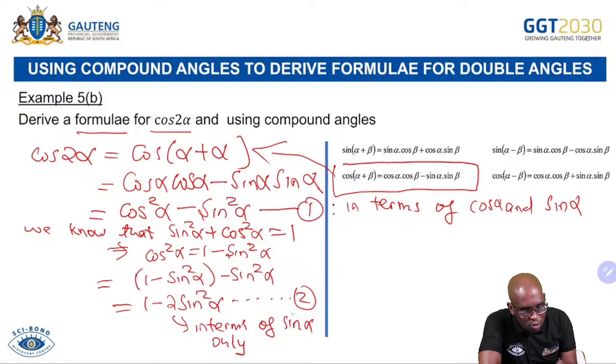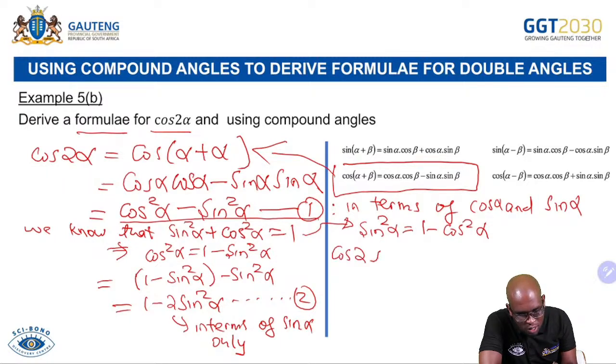We can, however, also do it for the cosine, where we take directly from this one. We can write down sine squared alpha as the subject of the formula. Sine squared alpha would be 1 minus cos squared alpha, which means we can come back and substitute it here. Where we see cos 2 alpha, remember it was cos squared alpha minus sine squared alpha.